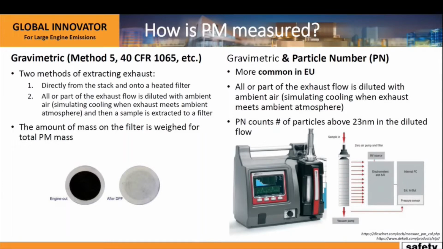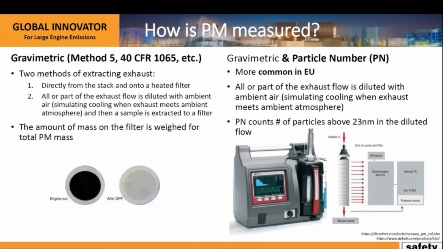The other method here, 1065, is similar, but there's actually some air that comes in and dilutes the exhaust as well. But in the end, you still report mass, so grams or pounds. However, in the European Union, they also focus on particle number.